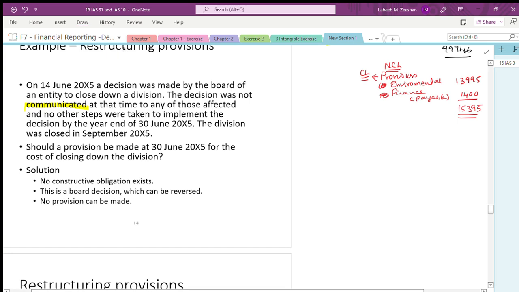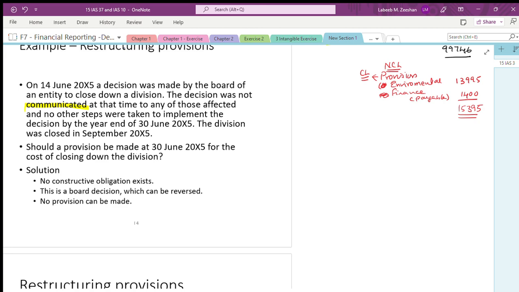At that time, those affected had no other steps taken to implement the decision. If they have not communicated, definitely there is no provision. When there is a response from others, fine. When there is no response from others, the concept of provision will never arise.